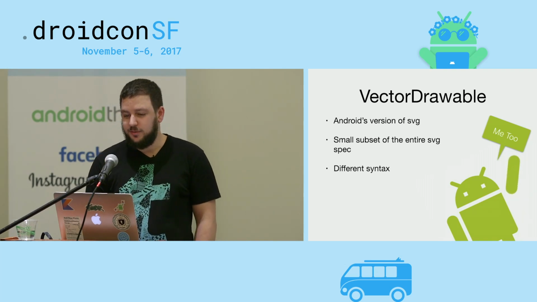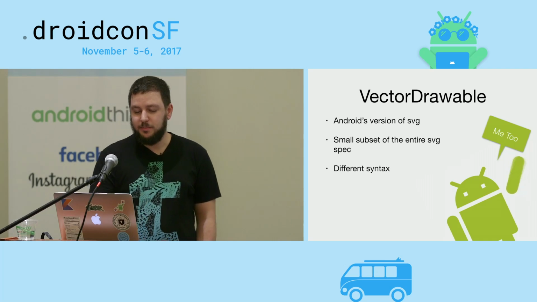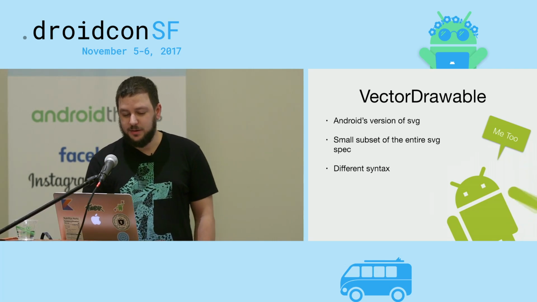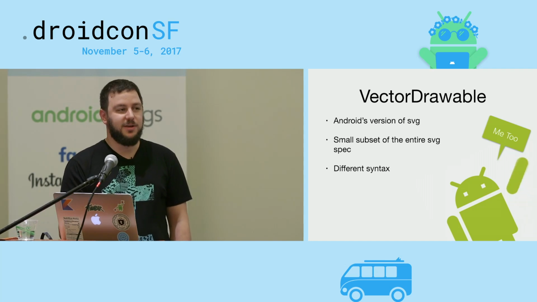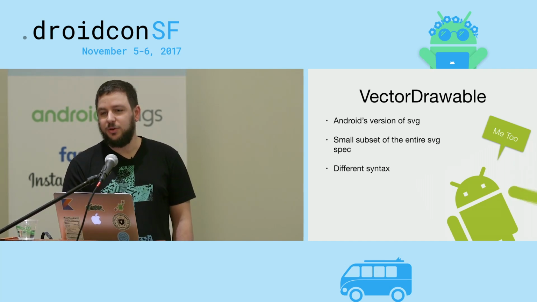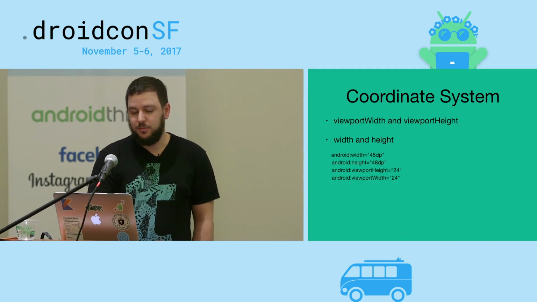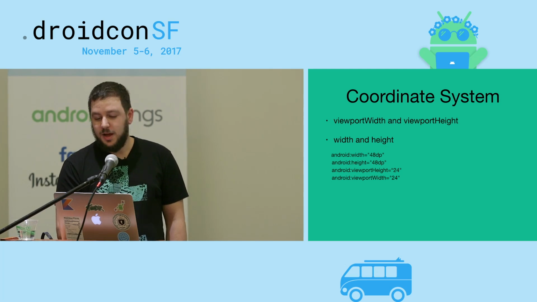VectorDrawables are Android's version of the SVG format. It's a small but powerful subset of the SVG spec. And most importantly, it uses a different syntax that would be more familiar to Android developers. Every vector drawable also uses a Cartesian coordinate system.